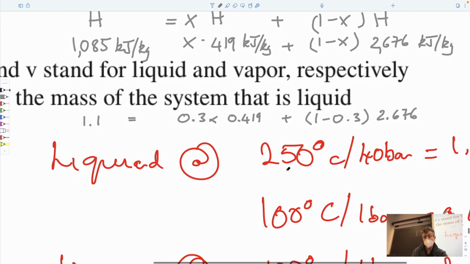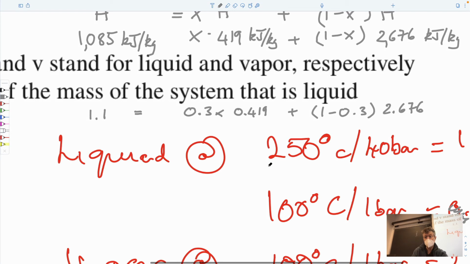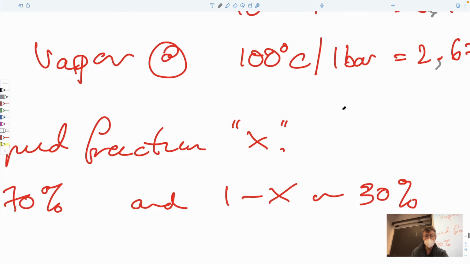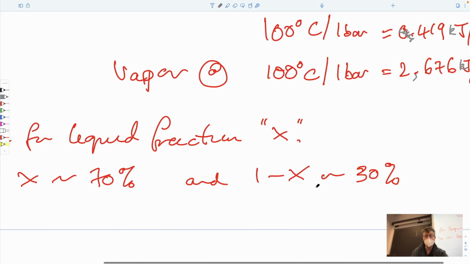And if you do that calculation, you'll find out that, because this magnitude is x, and x is the proportion of water, and 1 minus x is a proportion of steam. And so you can do that calculation, and you'll find out that it turns out to be something like 30%. I think this is written the wrong way around.